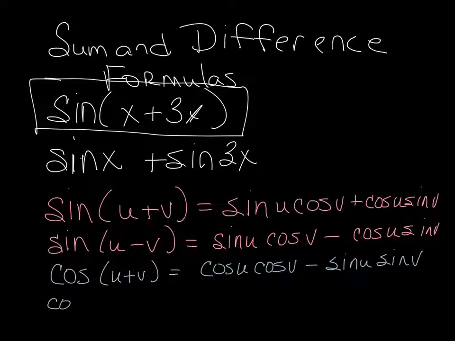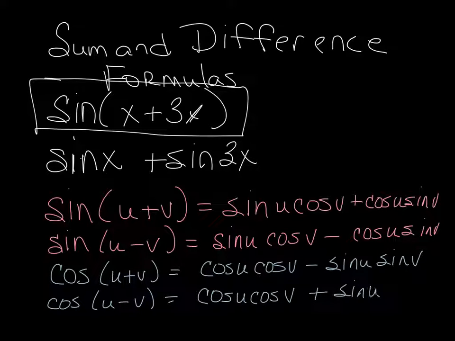And for the difference of the angles, we have the cosine of u cosine of v plus the sine of u sine of v. The more times you write these formulas down, the easier it will be for you to remember them.